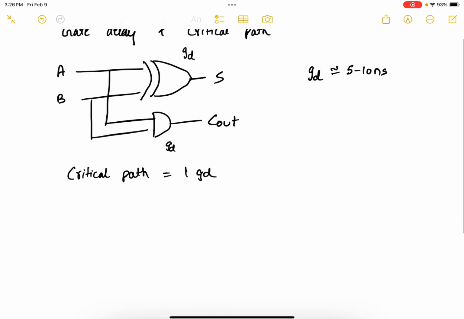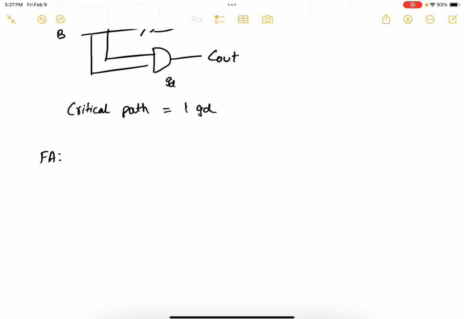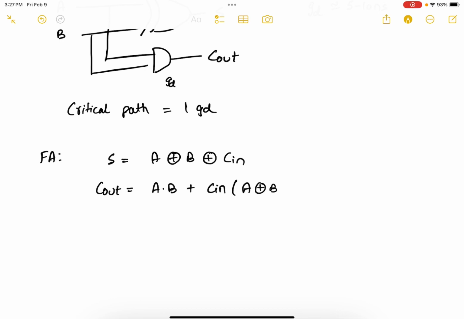Okay, now let's consider a full adder. So the sum equation is A XOR B XOR Cin. The carry out would be A AND B OR Cin AND (A XOR B).